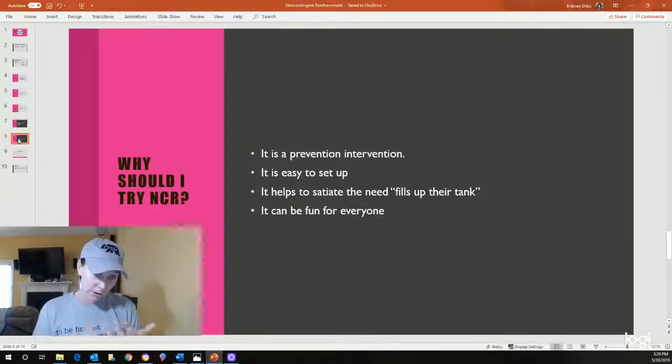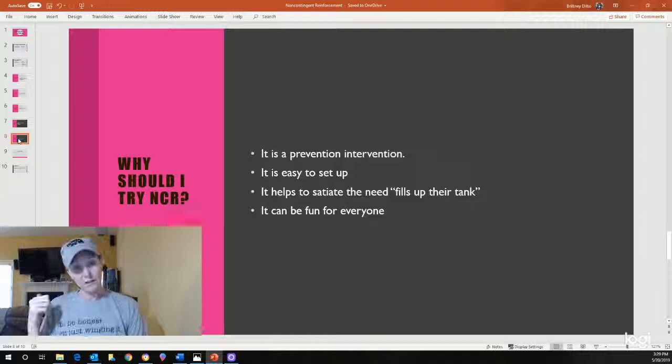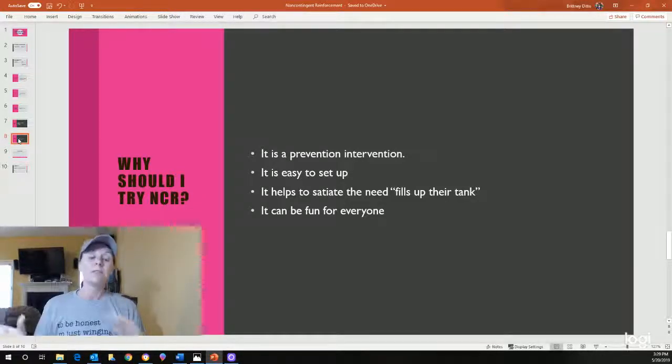I'm on my phone if I'm not on my computer, or we're watching the television. So if I'm implementing a non-contingent reinforcement program, then I am engaging one-on-one with my child. I'm playing with them. We're having fun. And it gets me away from this stupid technology that burns my brain up.